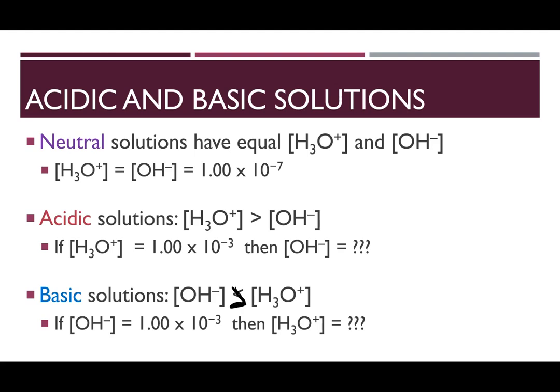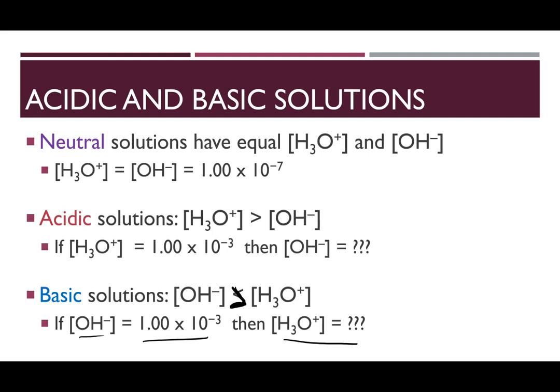Hydroxide will be greater than hydronium, okay? So in a basic solution, hydroxide will be greater than hydronium. Okay. Again, if we're given the hydroxide concentration, we could solve for the hydronium using that Kw value.